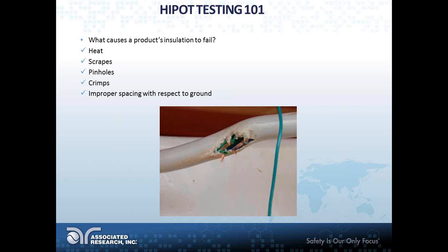In this picture, you can see a wire that's got some open conductors that's pretty badly damaged. These kind of issues are also caught by the Hipot test, and these issues can lead to serious problems if they're not caught at an early stage. These can prove to be shock hazards for the user, and these can also prove to be damaging to the product itself.